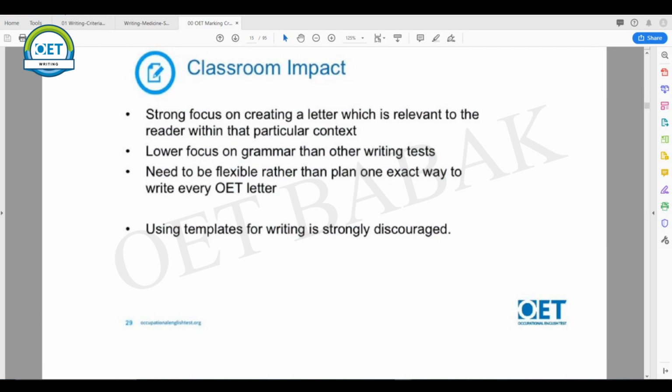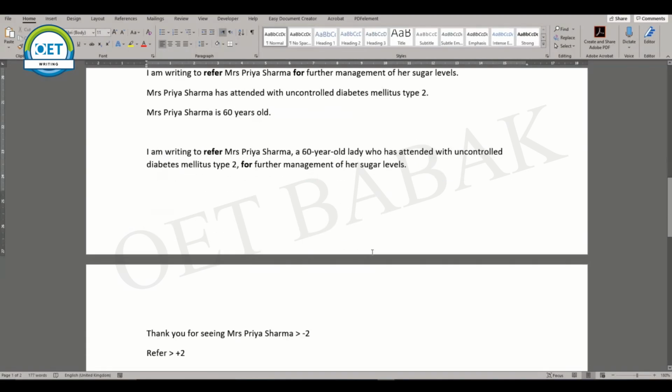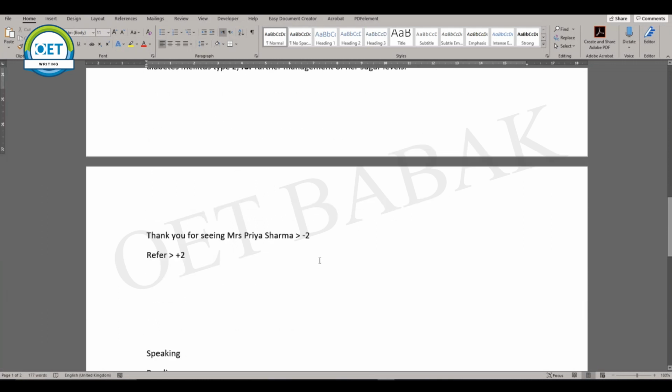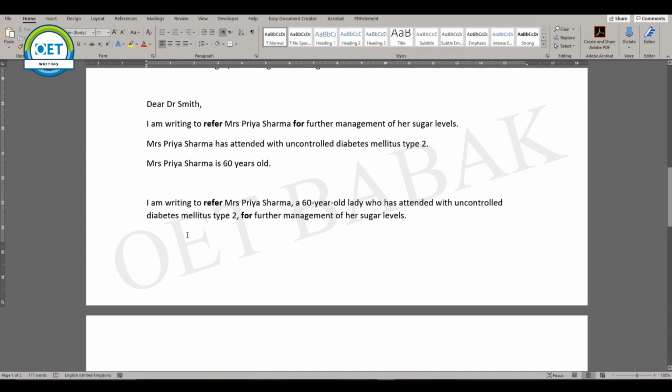Okay. Now, some people ask me, should we say just DM type 2? You can. Sometimes it is risky because you need to be sure that this is what Rebecca Bush says. Do you know Rebecca Bush? No, I don't.